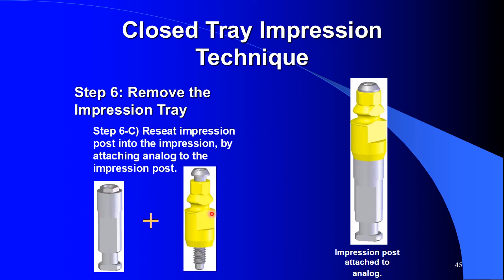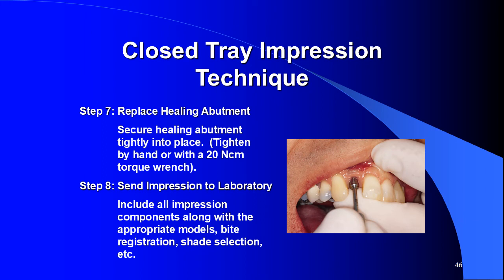Then reseat the impression post into the impression by attaching the analog to the impression post, and be sure that the hex of the analog will be fitted completely with the hex of the impression post by screwdriver.